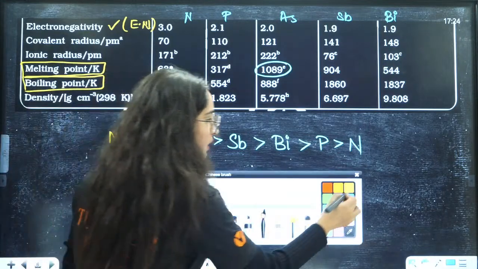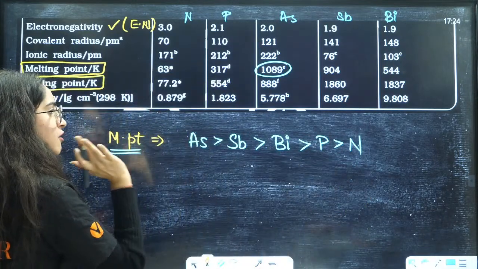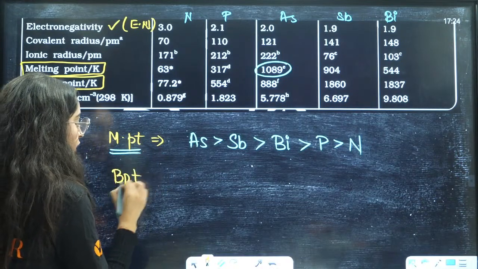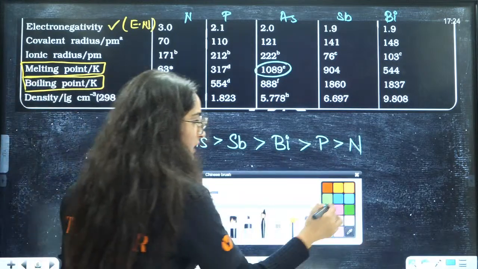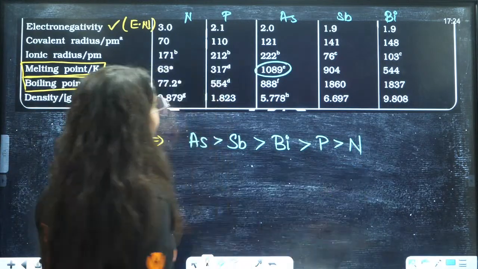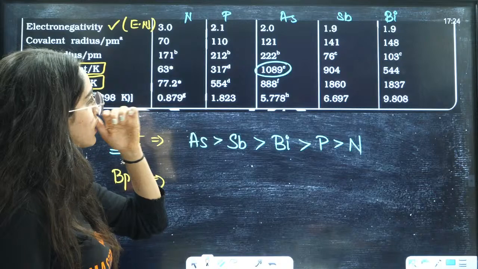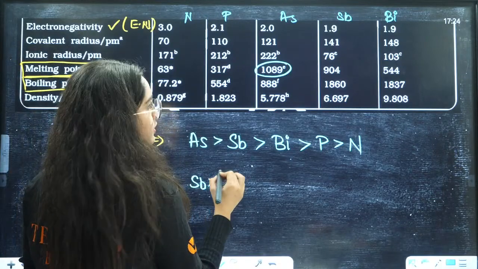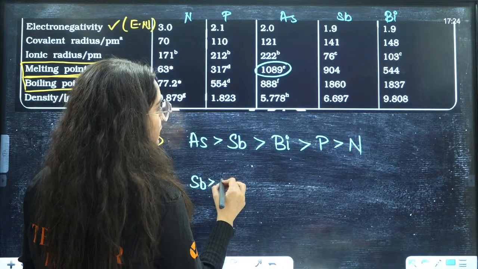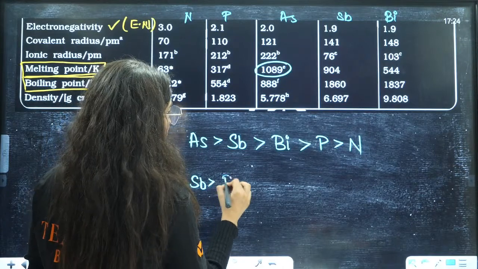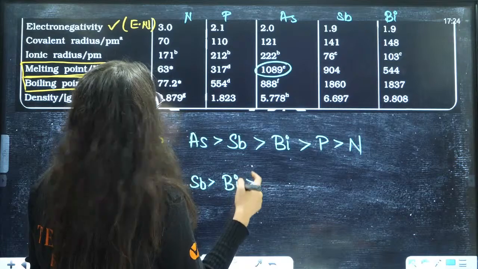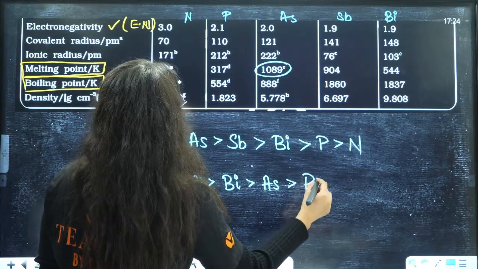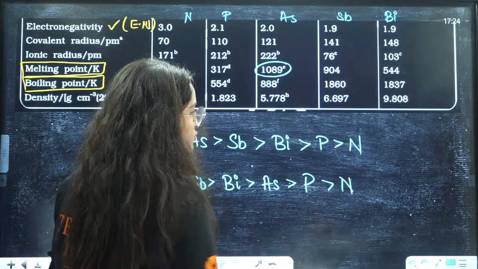That is why it becomes important for you, because it has a very different order, right? The boiling point order is also different. It is not a very smooth order. What we can see is that maximum is for antimony, then you have bismuth, then arsenic, then phosphorus, then nitrogen, right?